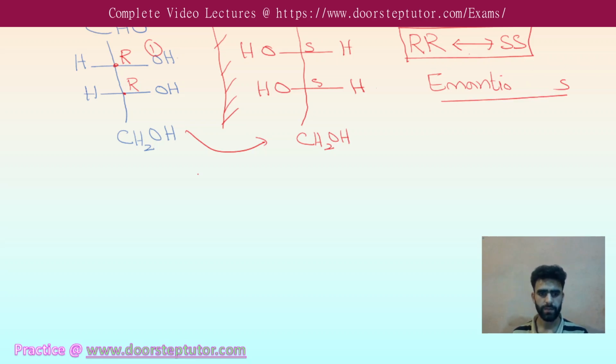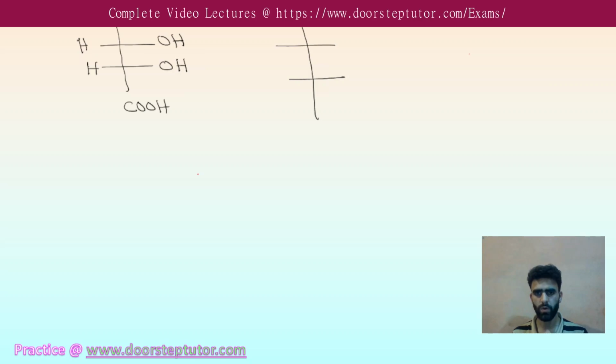Similarly, let us see one more example. Suppose we have like this, COOH, and here we have H, here we have OH, here we have OH, and here we have H. Now here we have COOH, and let us write down its mirror image like this: COOH, and here we have OH, here we will have OH, here H and H, and here we will have COOH.